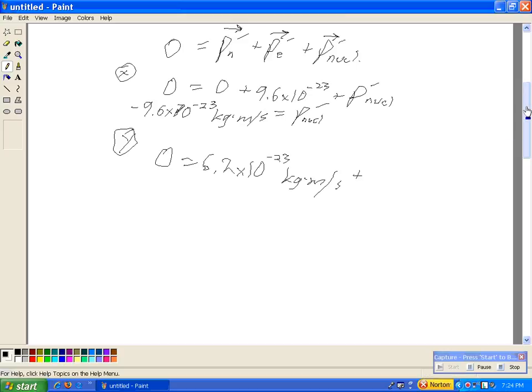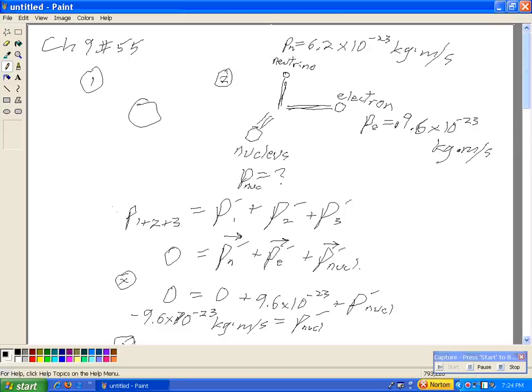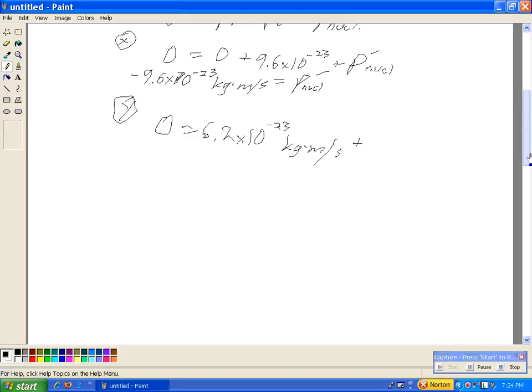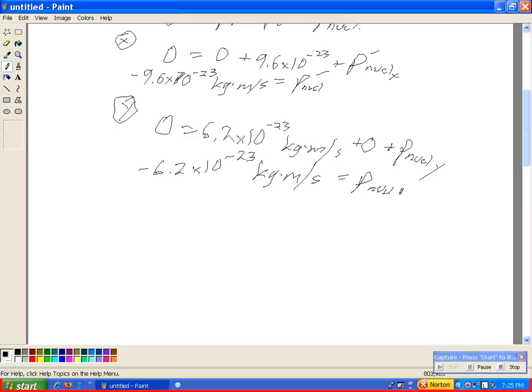The electron is not moving in the y direction, so that's 0. By the way, this should be x, and this the y direction. So it's a negative 6.2 times 10 to the negative 23 kilogram meters per second. That is the momentum of the nucleus only in the y direction.